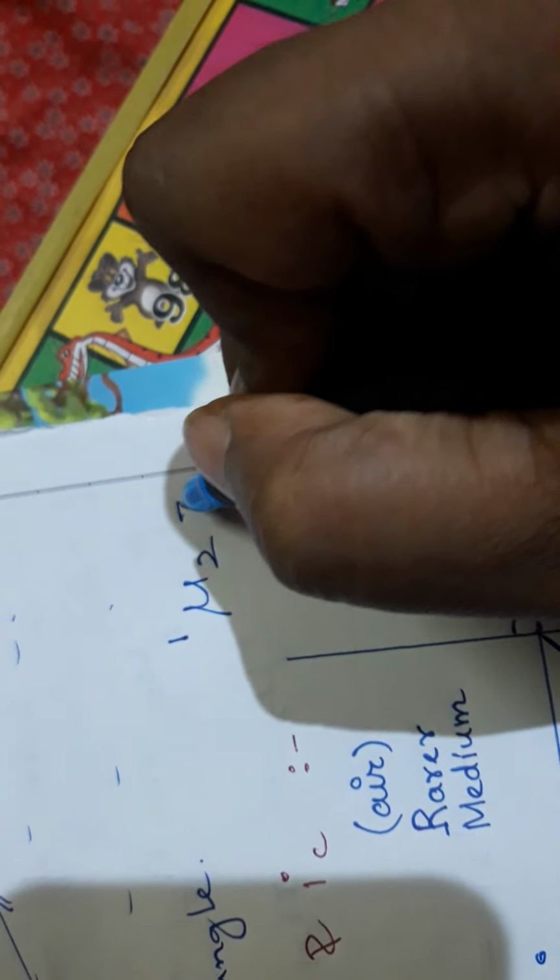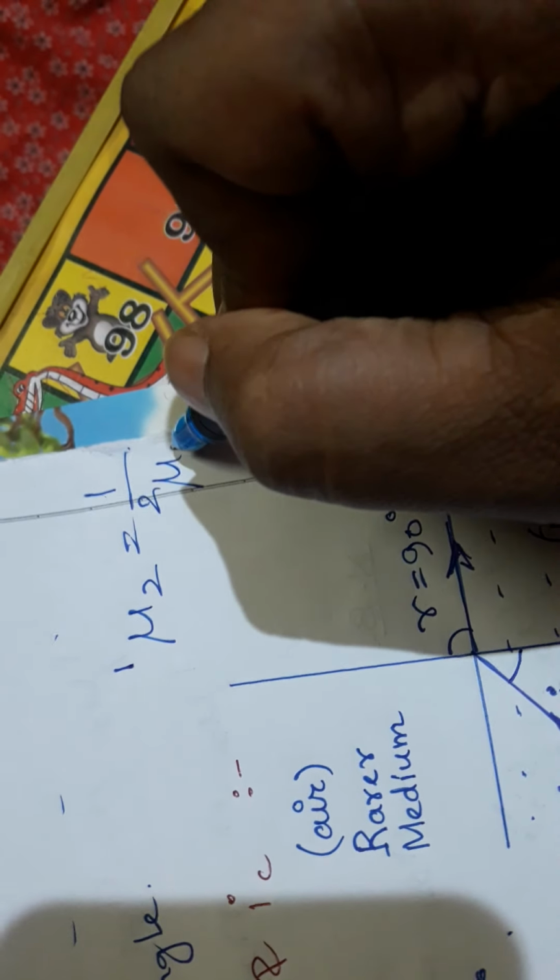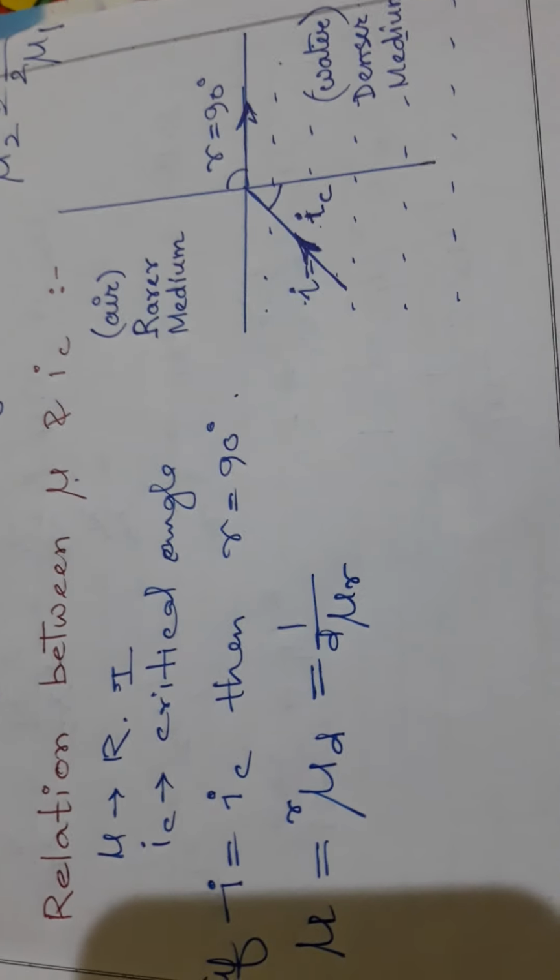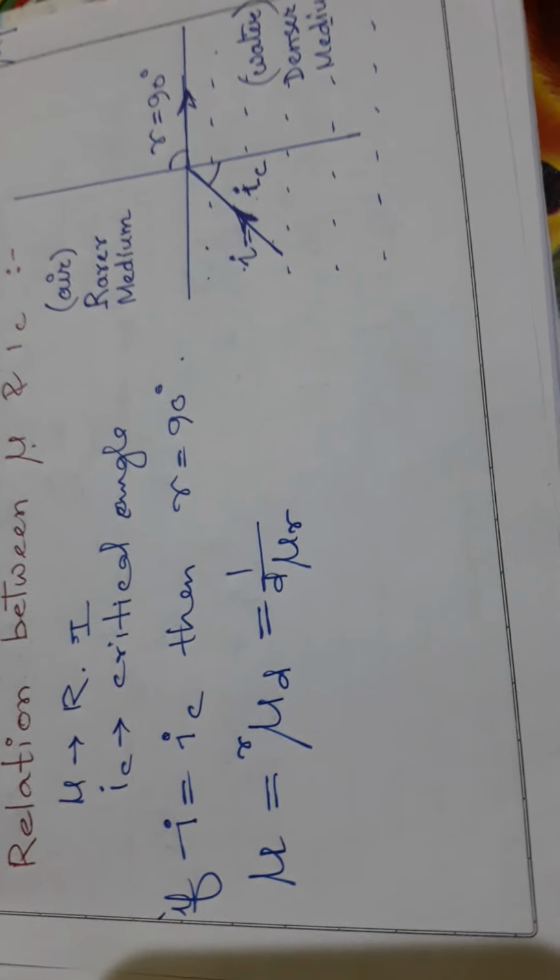We know the relation, 1mu2 equals 1 by 2mu1. So rmud equals 1 by dmur.